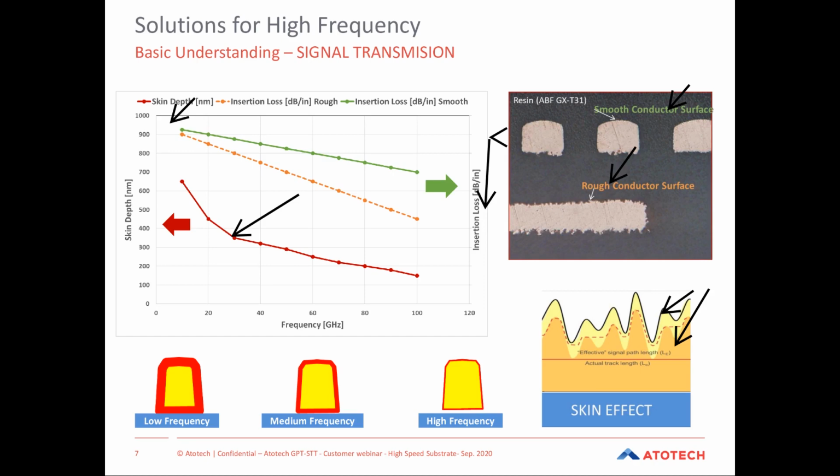But as soon as you go to higher frequency, the insertion loss will split. The smooth surface will have much less insertion loss or signal loss compared to the rough surface. That's the reason why for high frequency applications it is really recommended, or actually necessary, to move from the rough to the smooth surface.